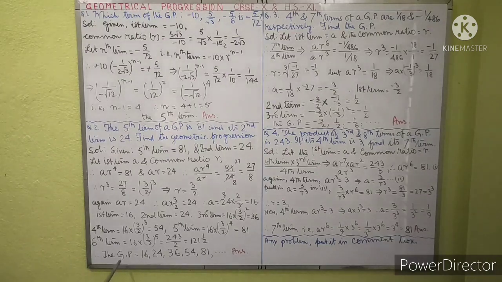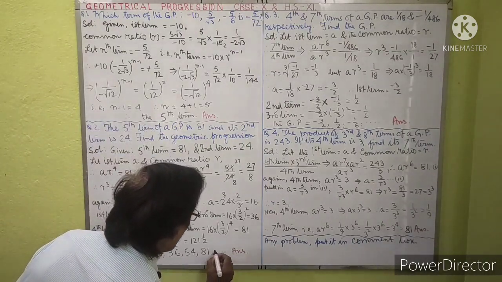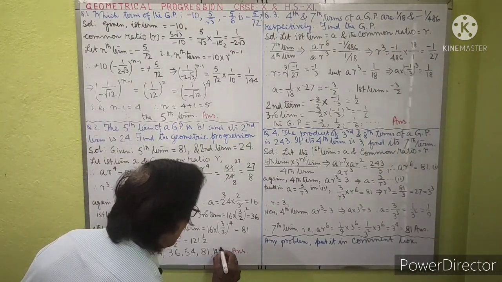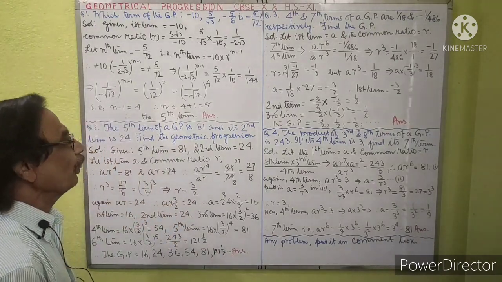So the GP is 16, 24, 36, 54, 81, and even you can take this, 121 and a half. This you may take.